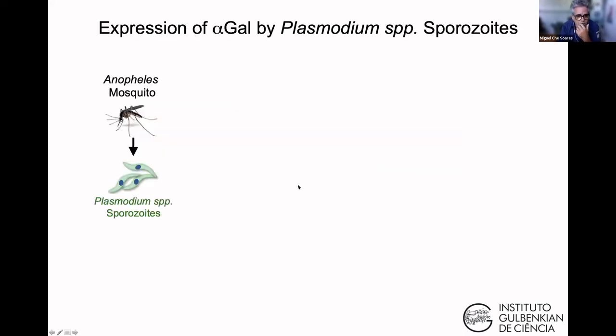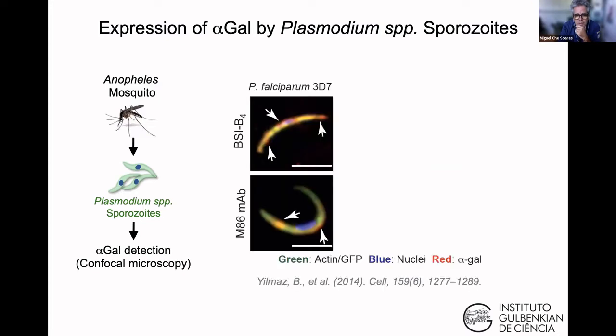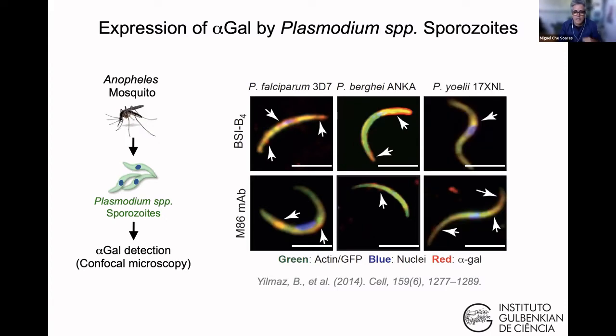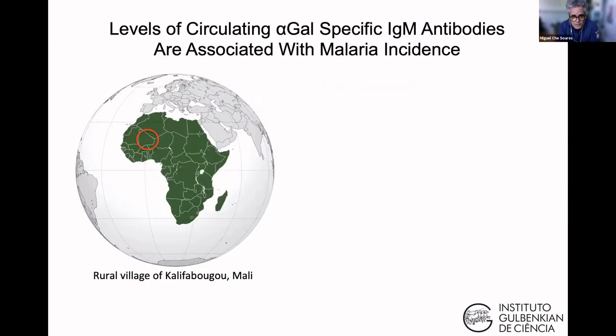The reason we got interested is that Bati found that Plasmodium, both falciparum, berghei, or even yoelii, express a mimicry of this glycan. So they express the alpha-gal glycan, the same glycan that is in bacteria, now expressed in sporozoites.